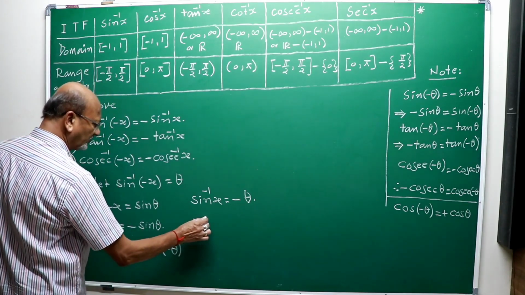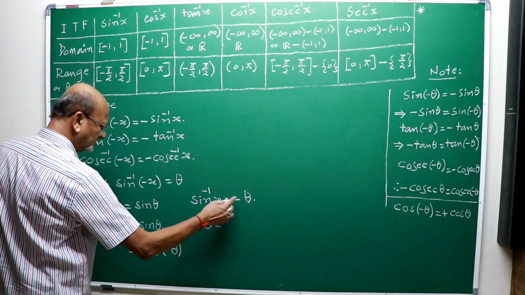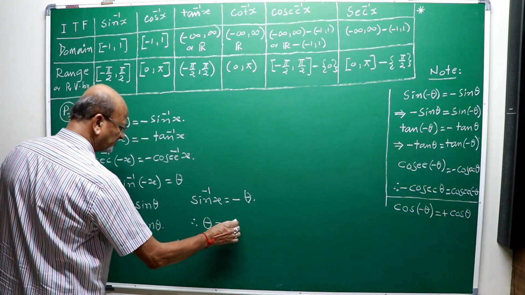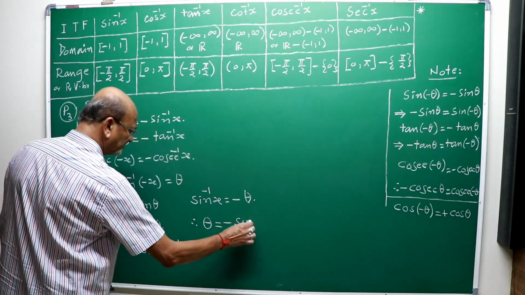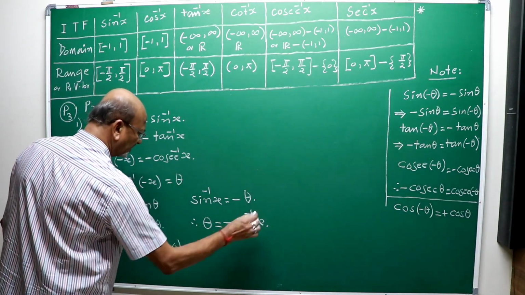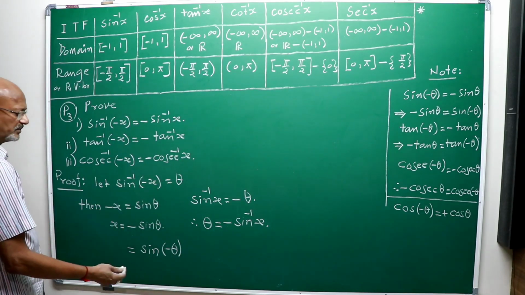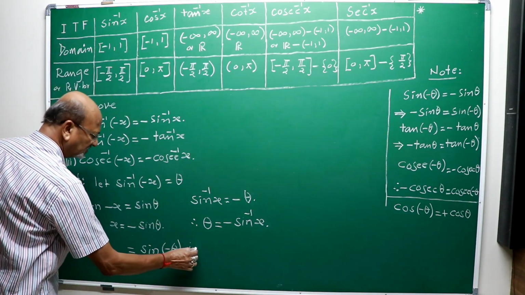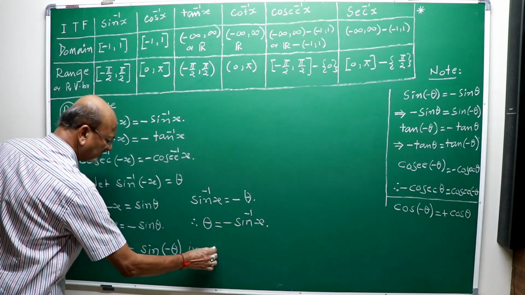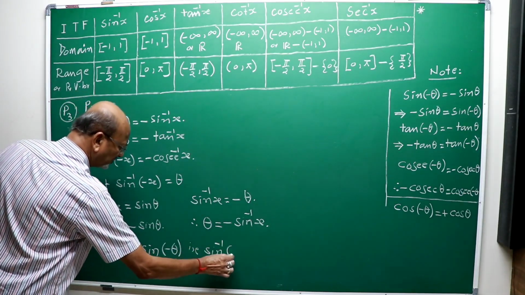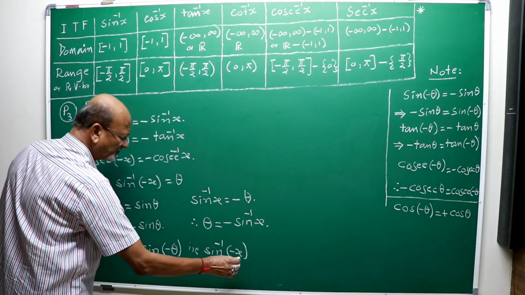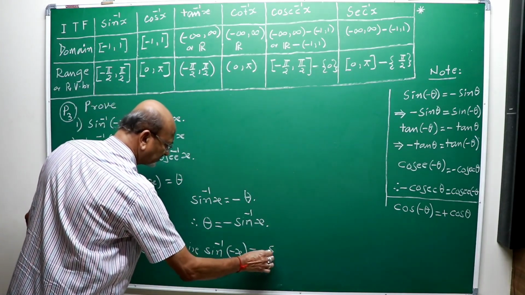Therefore, what is theta? Attach the minus to this side: theta is minus sine inverse x. And theta is nothing but sine inverse of minus x. That is, sine inverse of minus x is minus sine inverse x.